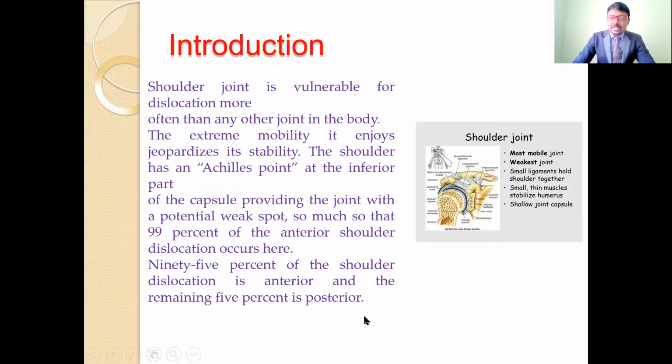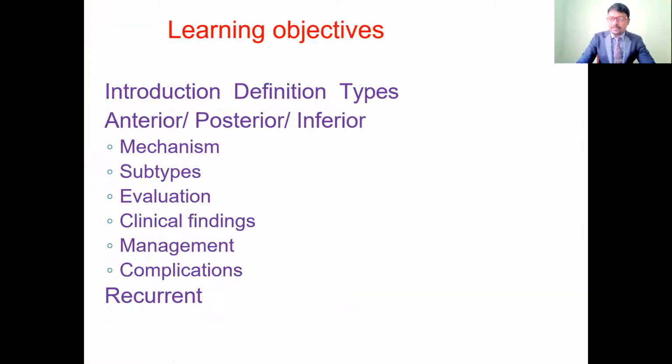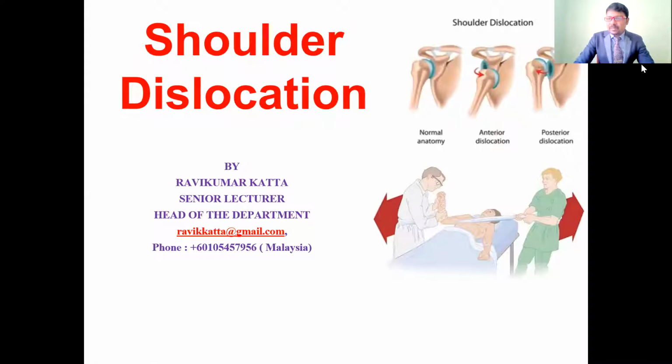The most common types are anterior and posterior shoulder dislocations, especially anterior dislocation, which accounts for about 95% of dislocations. In the anterior dislocation, the head of the humerus comes anteriorly. In the posterior dislocation, the head of the humerus goes posteriorly. This is commonly seen in people who have had an electric shock or seizures.